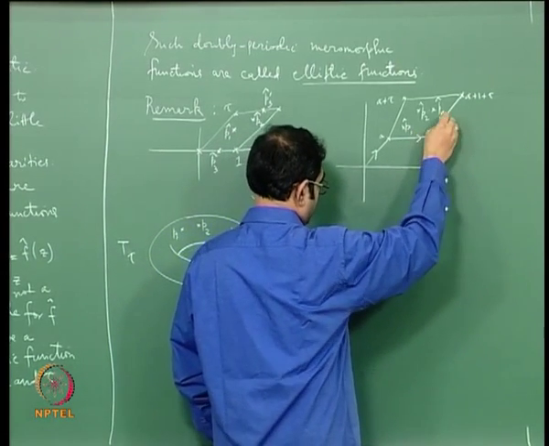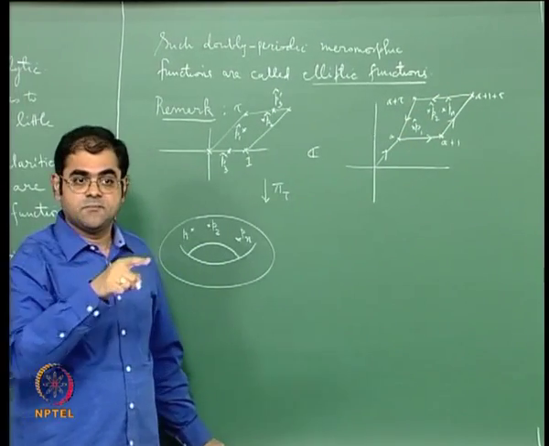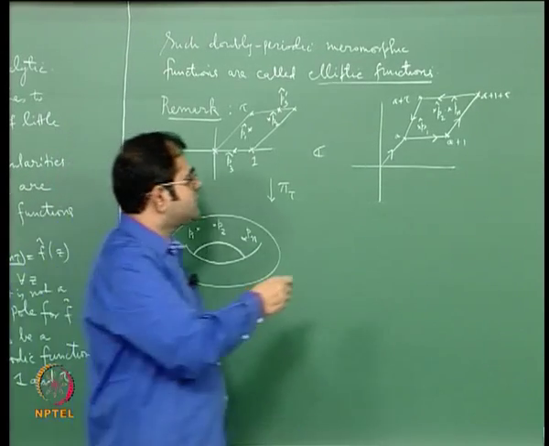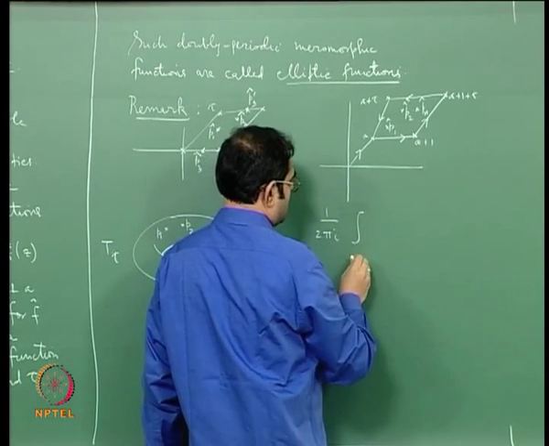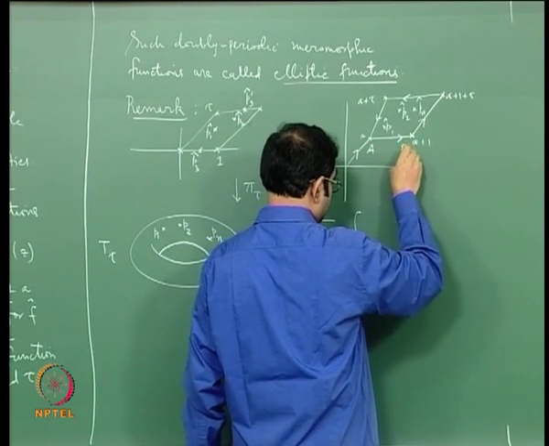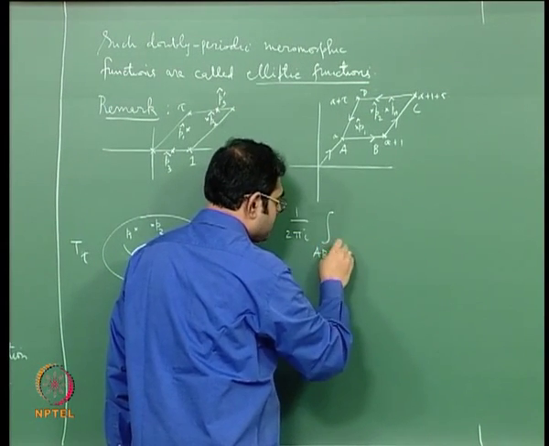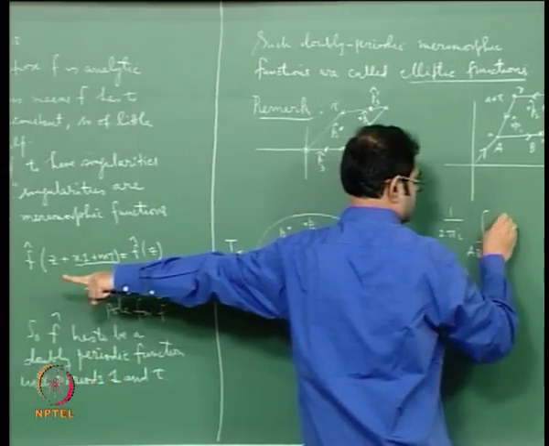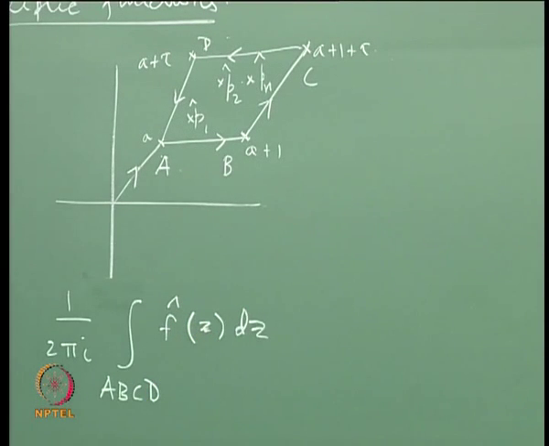And let us give an orientation to the boundary of this parallelogram so that it becomes a closed path, and then look at the integral 1 by 2 pi i. If I call this parallelogram ABCD, and I take the path integral over ABCD of this function f hat of z dz, what will I get?